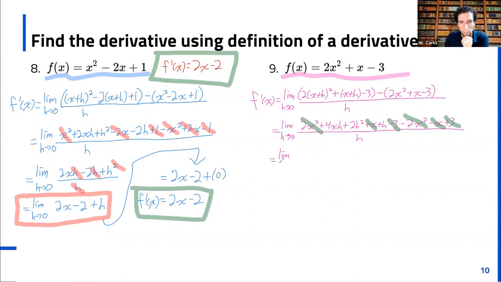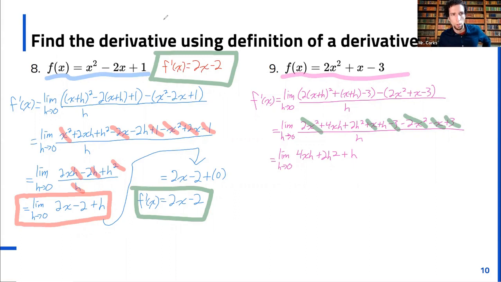All right, limit as h approaches 0 of 4xh plus 2h squared plus h. Do I have that right? Yeah. No, it's not plus h. There is no h.